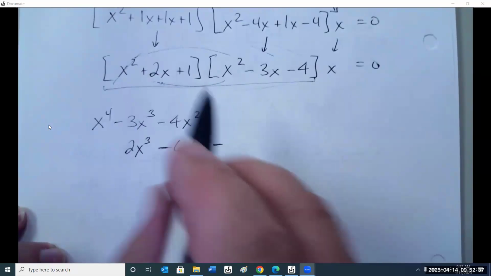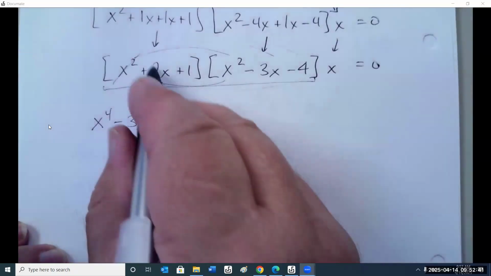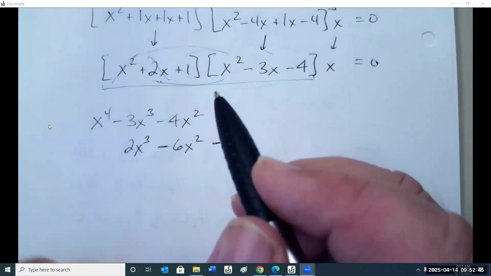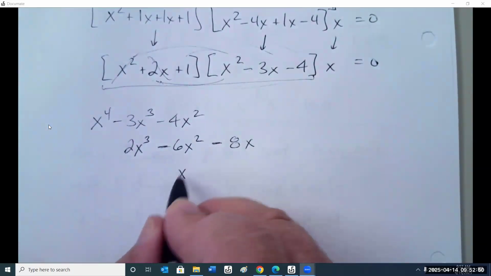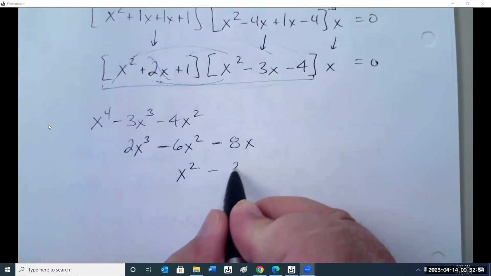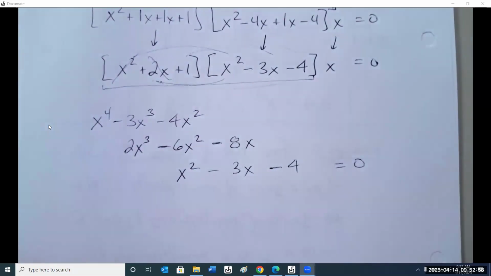Positive negative is negative. 2 times 4 is 8x. That's it for that one. And then 1. Positive times positive is positive, so we have x squared minus 3x minus 4. All of this equals 0.